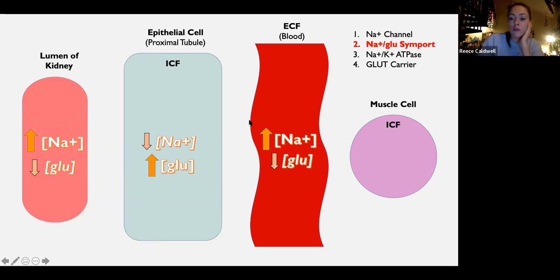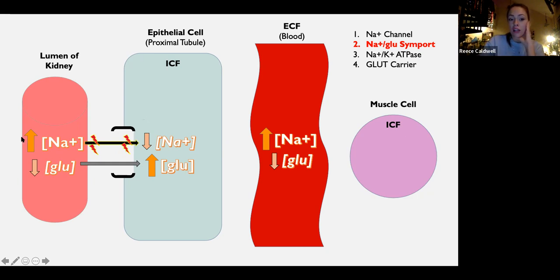Next, we have our sodium glucose symport. So what we see is that whenever we want to move glucose against its concentration gradient, so from an area of low to high concentrations, we will use some type of form of active transport. And we have 2 types of active transport, and the first is a symport. So glucose moves against its concentration gradient, and how it does that is by getting energy from sodium moving with its concentration gradient.